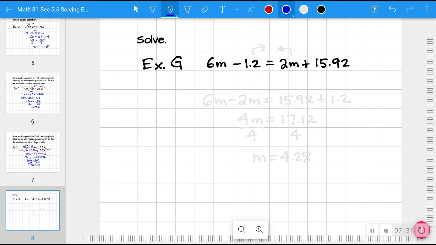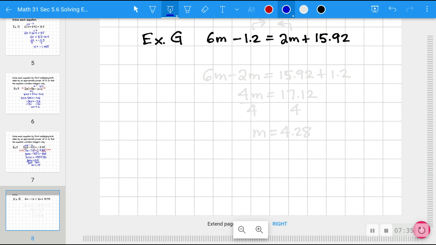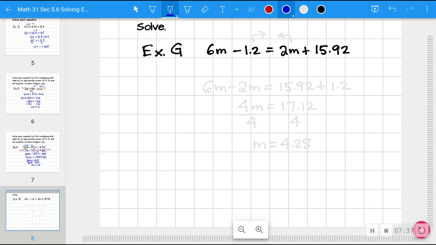Okay, example G. This time I'm going to choose not to clear the decimals, although if I wanted to, I could multiply everything by 100, and it would move all the decimals over 2 spots in the problem. Instead, I'm just going to take advantage of the fact that a calculator isn't bothered by decimal numbers.